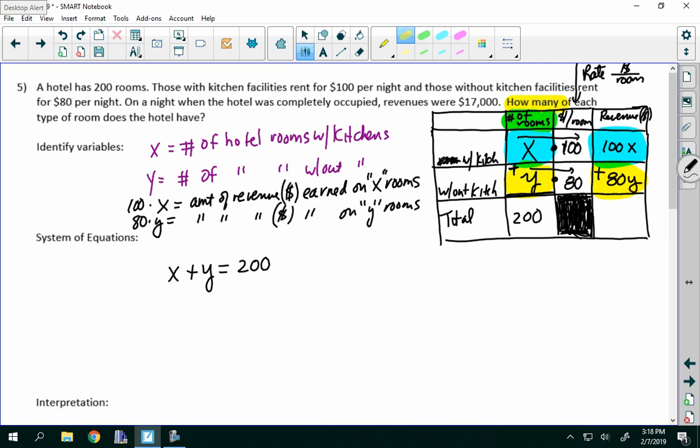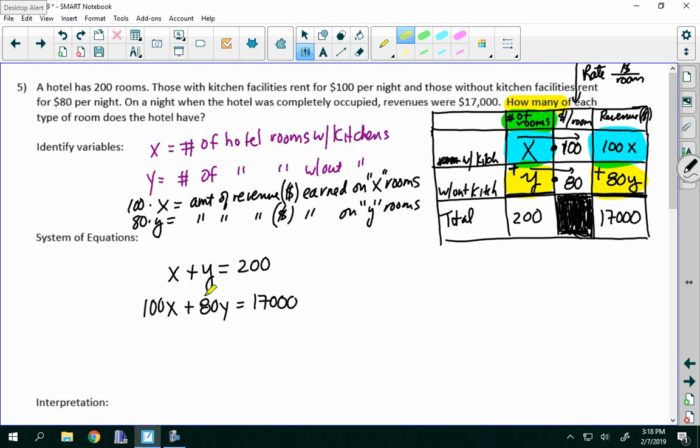And I know that if I try to collect all the revenue from all 200 rooms, I would get $17,000. And that becomes my next equation, my next what equals what. Right? That makes sense, I hope.